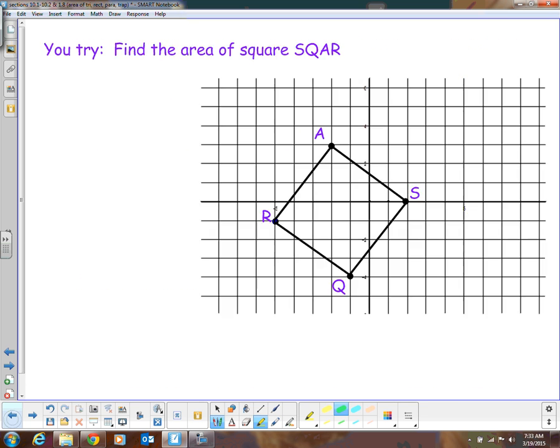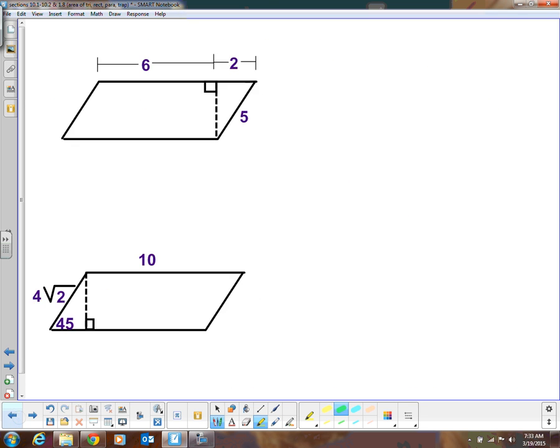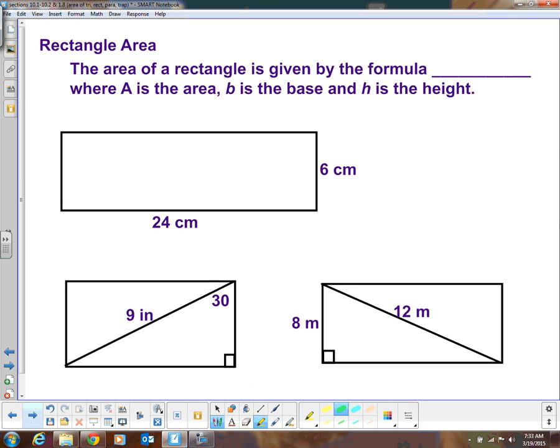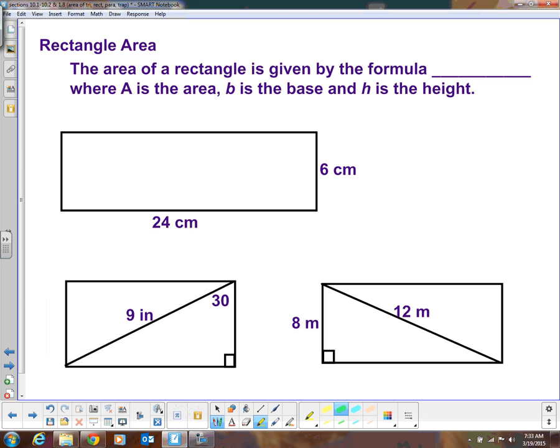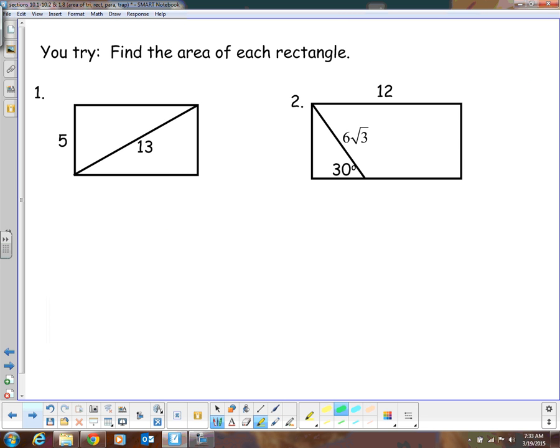Okay. So I'm going to stop the notes, and let's go ahead and do the rectangle notes.